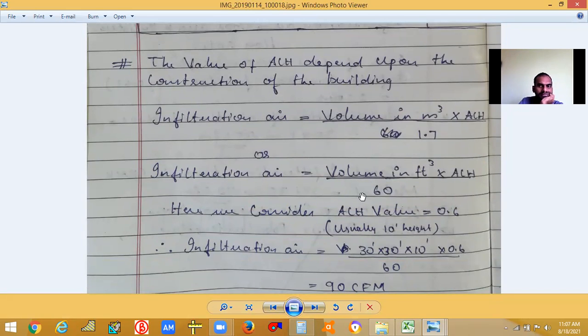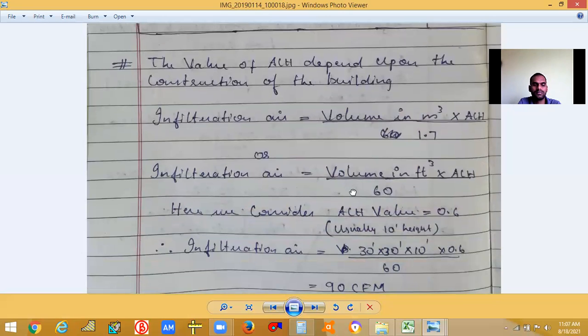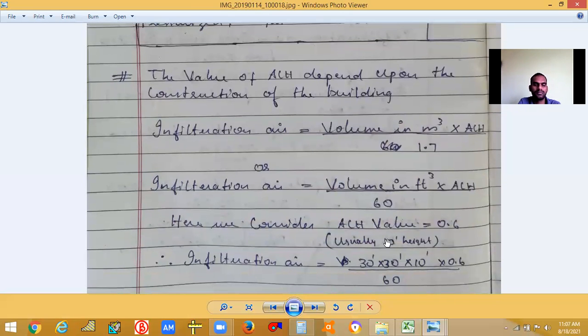That's why we have taken ACH as 0.6. The formula is the same. And we can take the height as 10 feet, normal. The height of the building is 10 feet. And you know the width and the length of the floor is 30 into 30, 900.